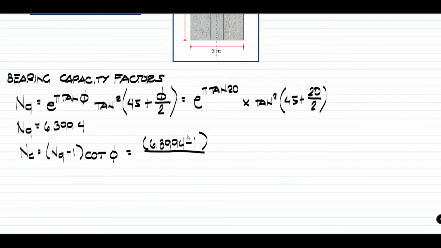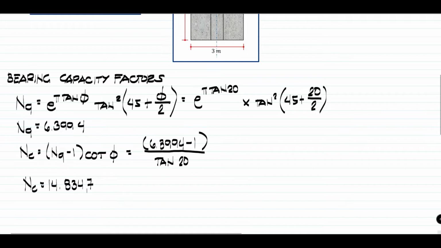Siyempre yung cotangent, pwede natin siyang i-1 over tangent. So, ibig sabihin meron tayo ditong divided by tangent of 20. So, calculating this value of Nc, we have here 14.8347. So, yan yung value nung Nc natin.